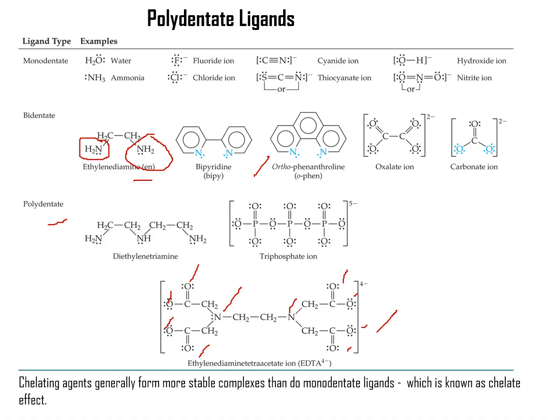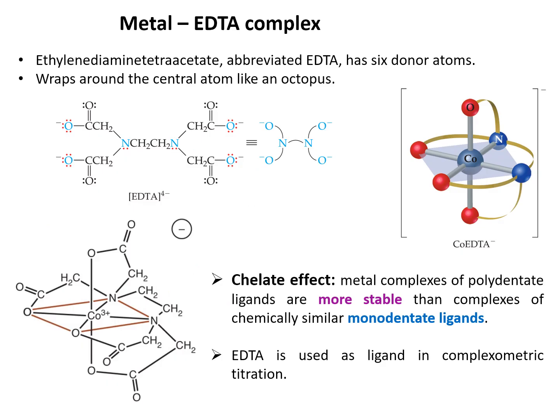There are other possibilities, but mostly it binds in six ways. So this is called EDTA, ethylenediaminetetraacetate. These are all about polydentate ligands. In metal EDTA, we are showing here how it makes the bonds.